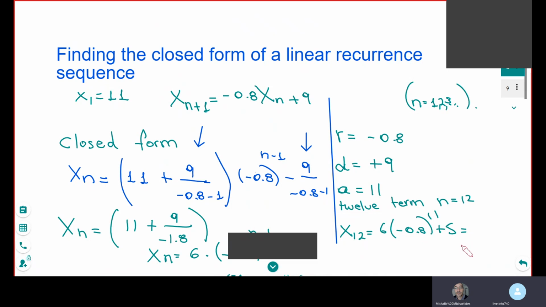And this gives you a number, which is 4.4846.